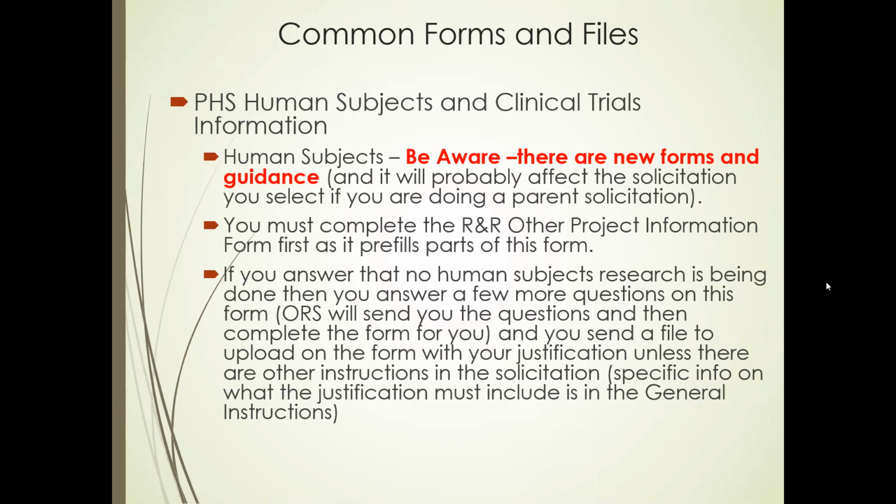Do you have an exemption? Because those answers carry over into other parts of this form. If you answer that no human subject research is being done, it may still have some applicable questions on here. For example, are you using non-identifiable data related to human subjects, where you still may have to provide a file or fill out a question. So you have to be sure and look at this form closely.